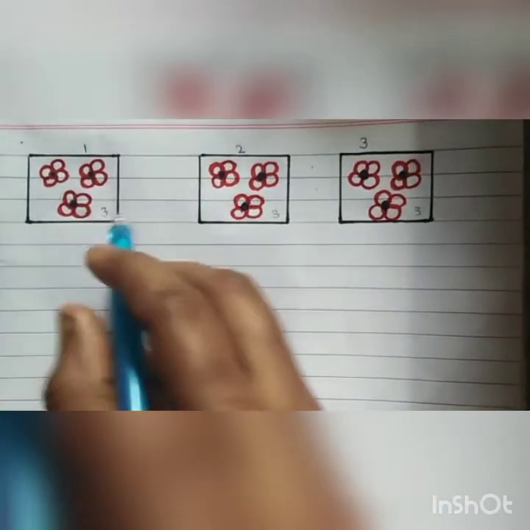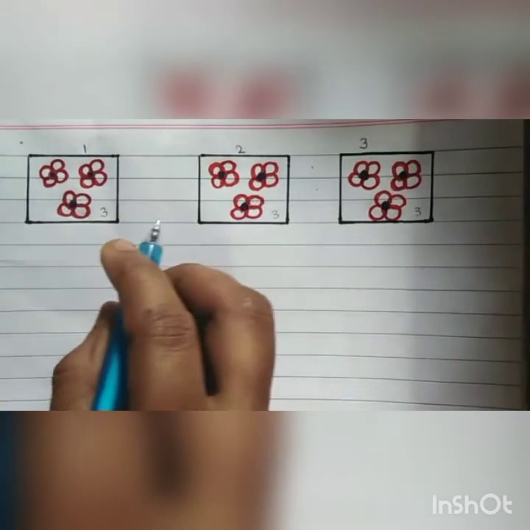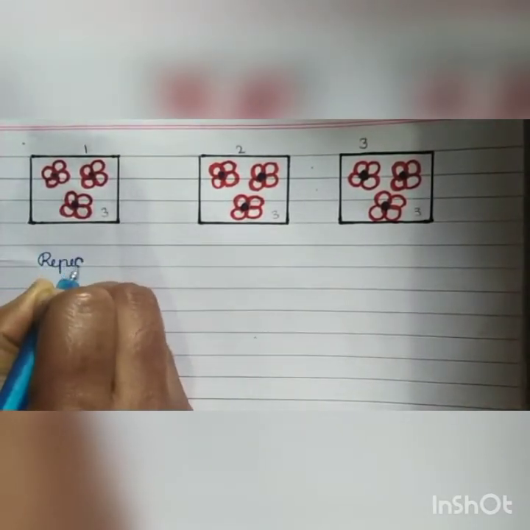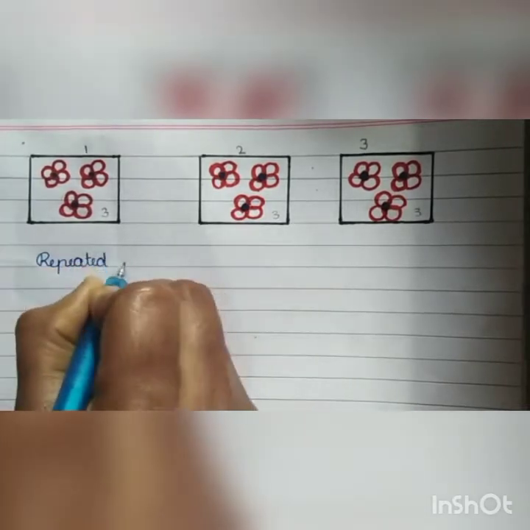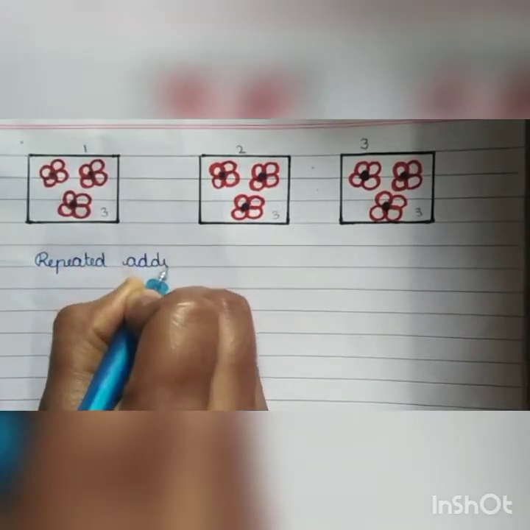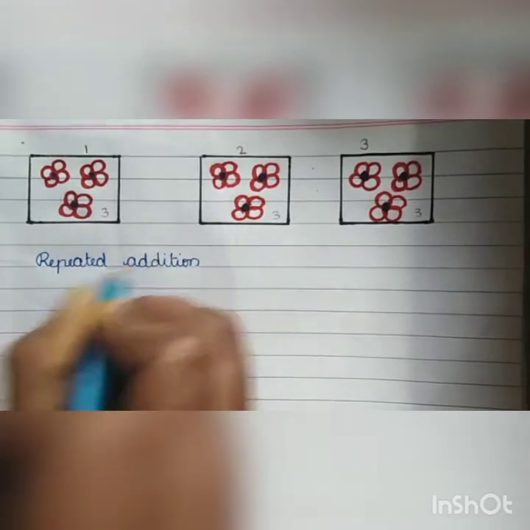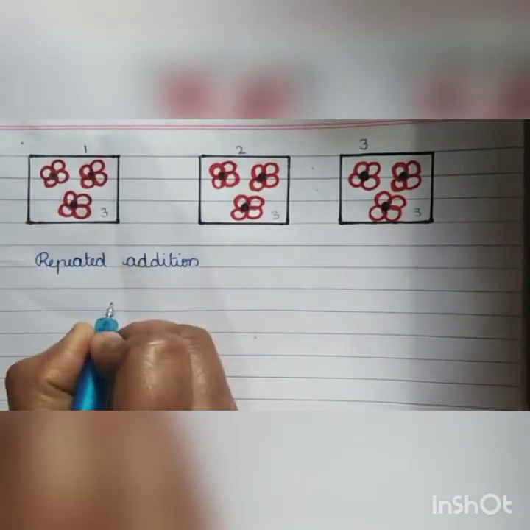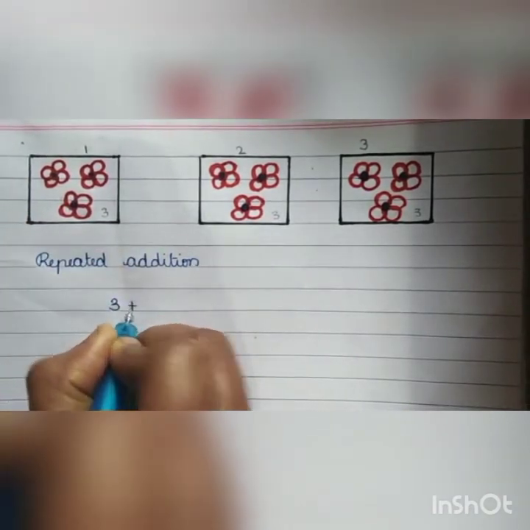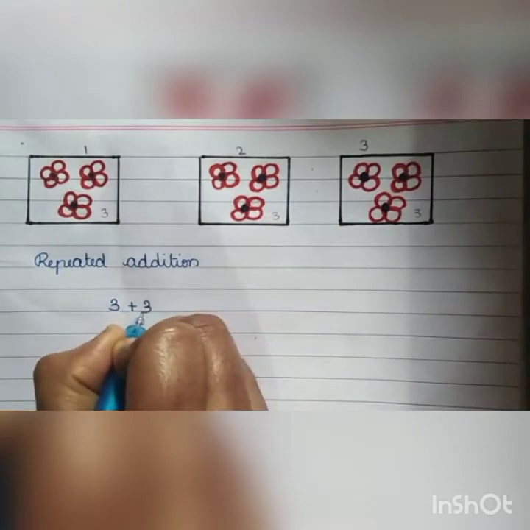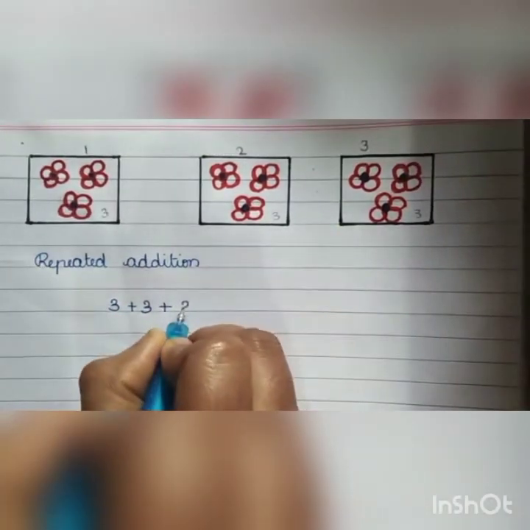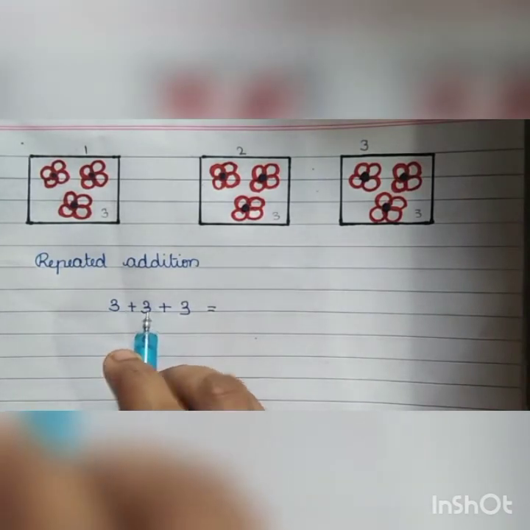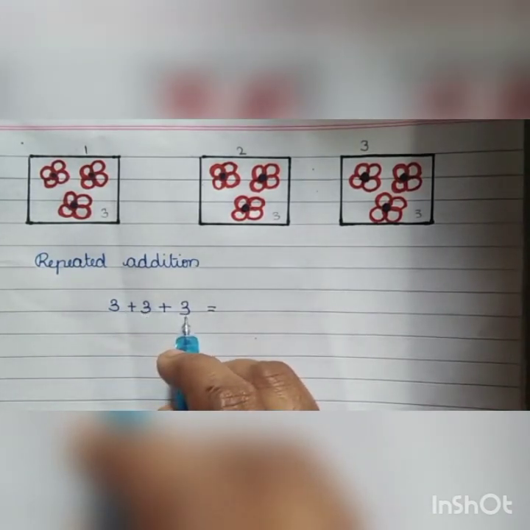That is 3 plus 3 plus 3. 3 plus 3 equal to 6 and 6 plus 3 equal to 9.